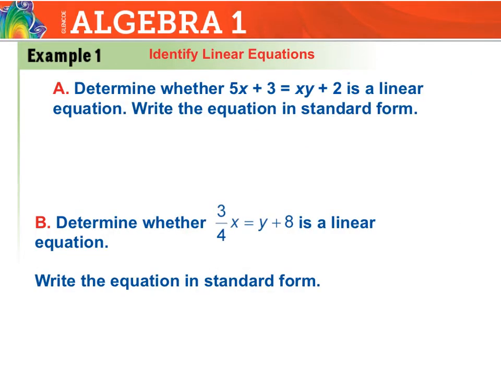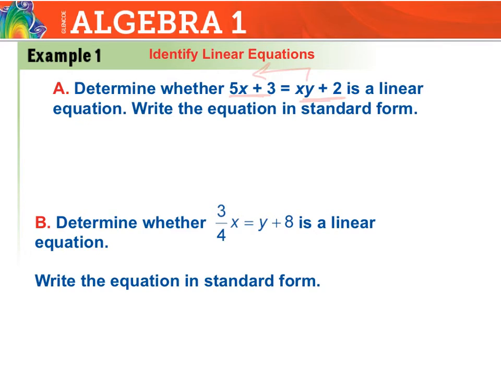Okay, so one of the things we're going to have to do is identify if things are linear or not linear. An easy way for us to do that is to rewrite the equation so that the variables are on the same side of the equation. I've got variables on both sides, so let's move this xy over there.